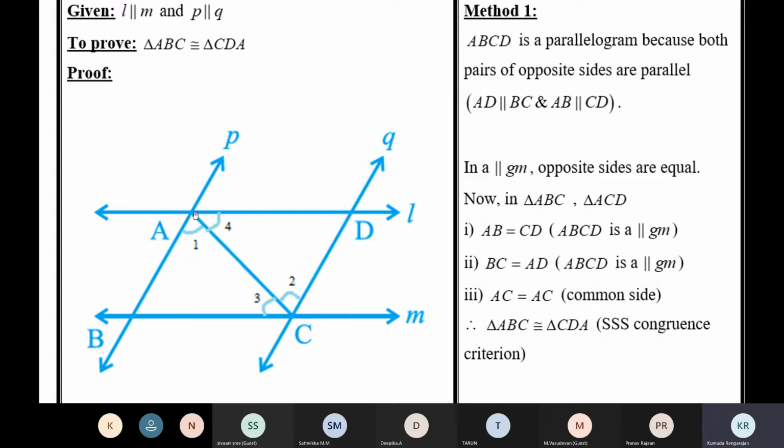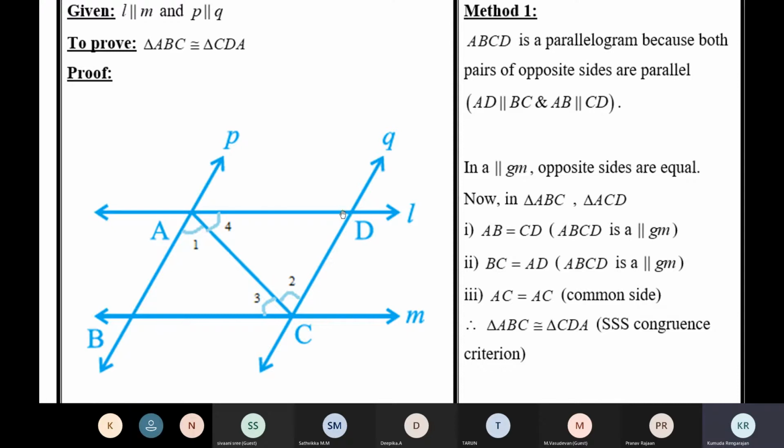Now, AD is a part of L, correct? Yes, ma'am. And BC is a part of M. L is a line.